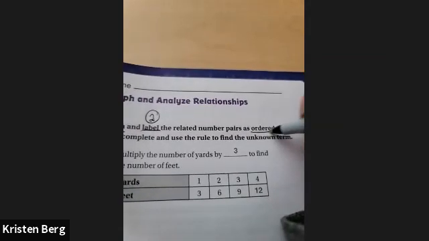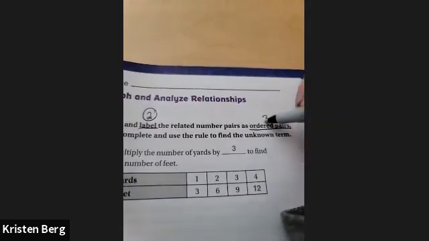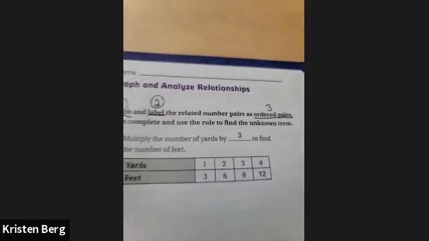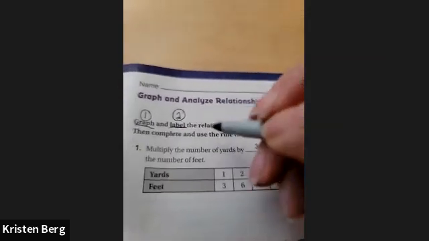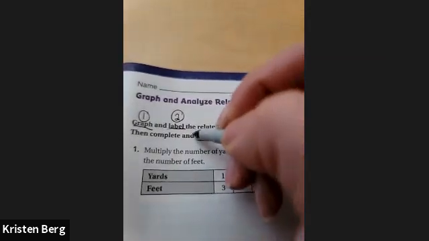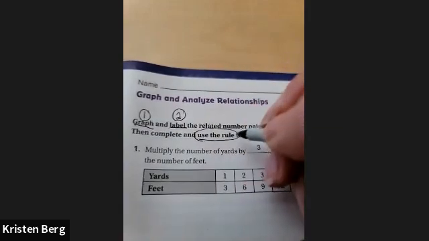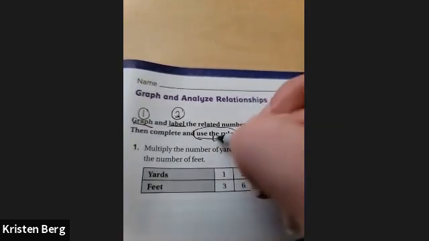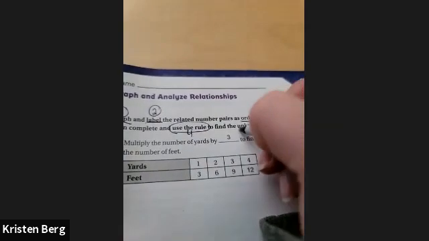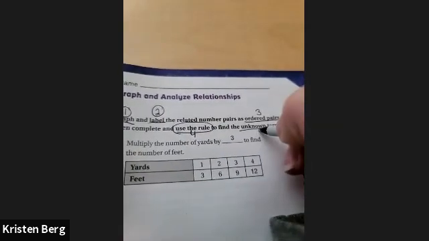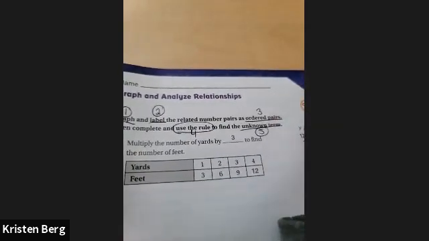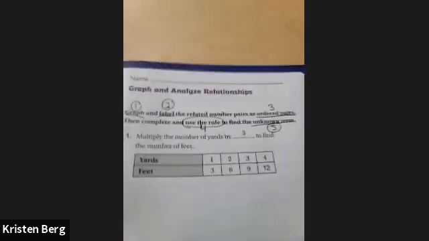You got to have the ordered pairs, so don't forget about that. Then you are going to use the rule. So you better have a rule. So that's your fourth thing, to find the unknown term. And that is your fifth thing that you got to do.